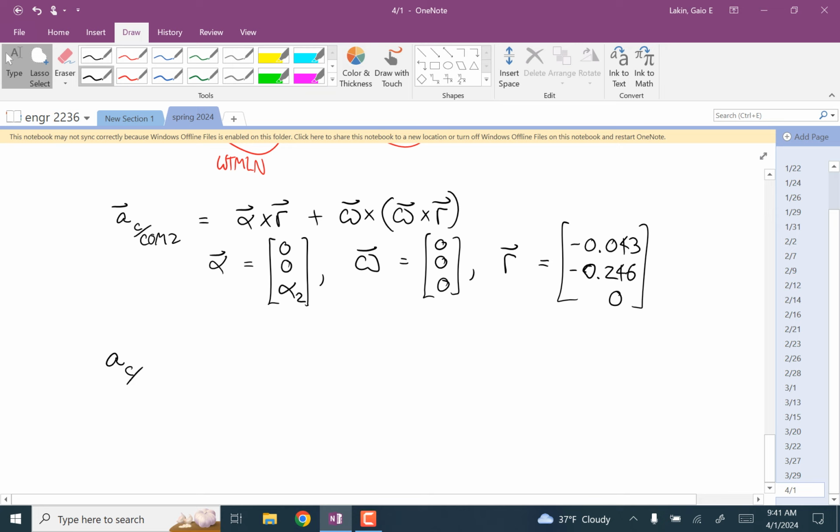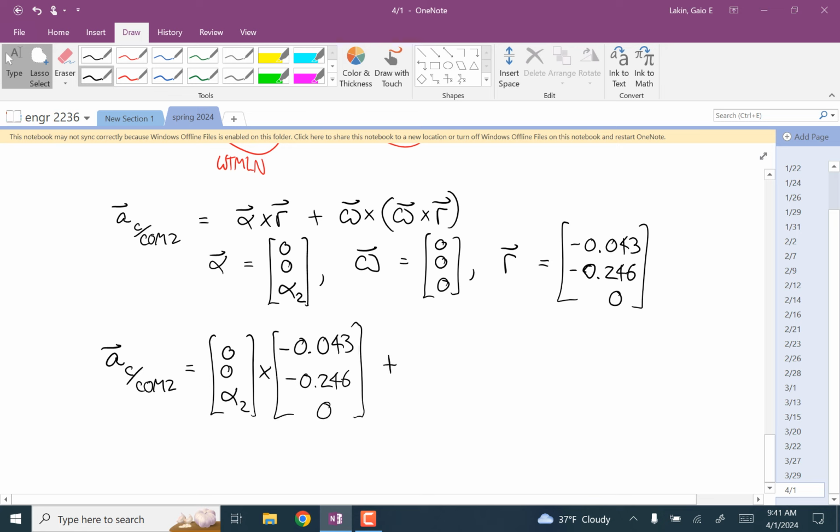So the acceleration of the point C relative to the center of mass is 0, 0, alpha 2 crossed with negative 0.043, negative 0.246, 0. The other stuff goes away.